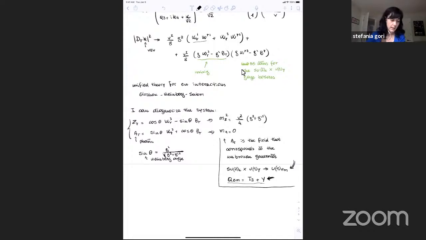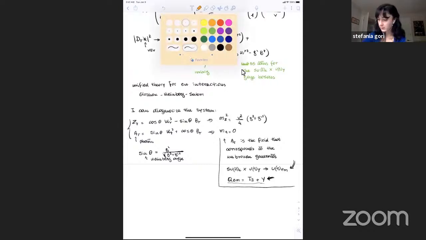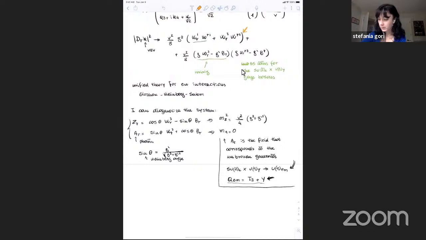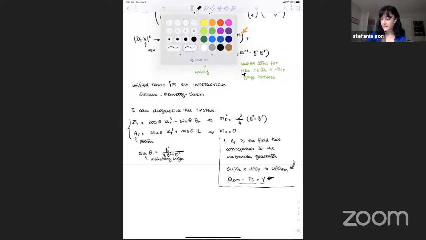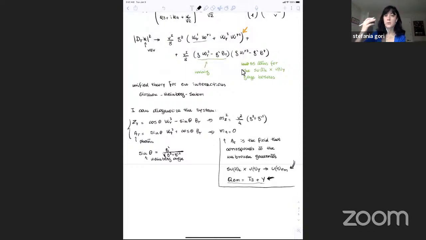And then I can also look at the other two. Let me put here an arrow. So we have this W1 and 2. You see that there are already mass eigenstates, but I want to build something that is also an eigenstate of the electric charge.